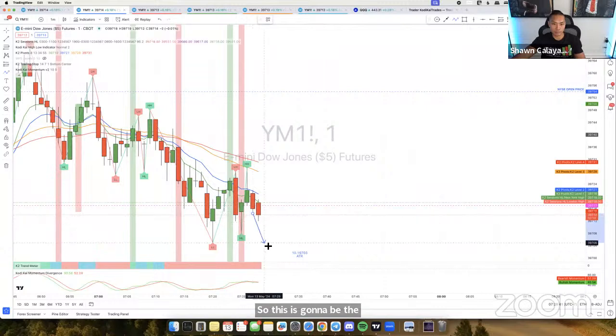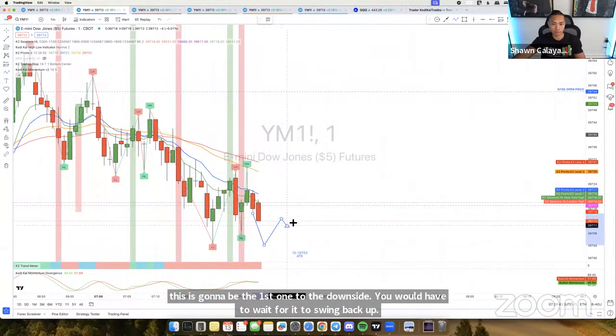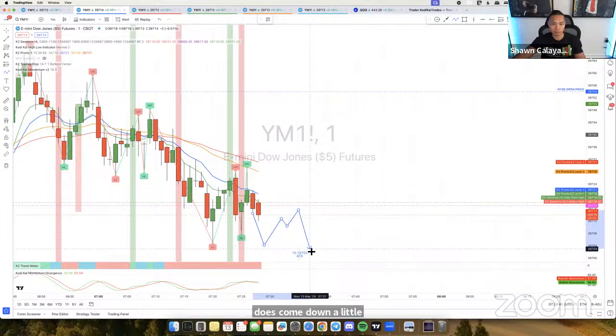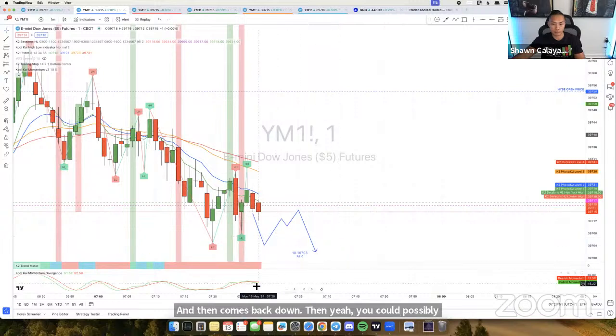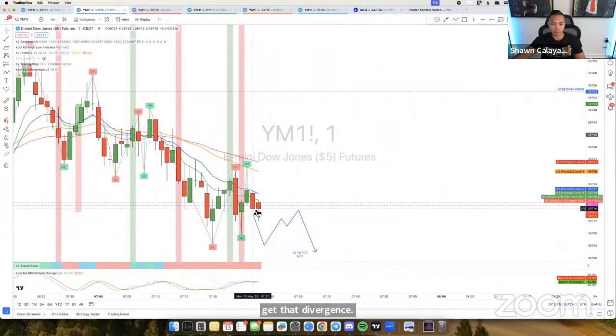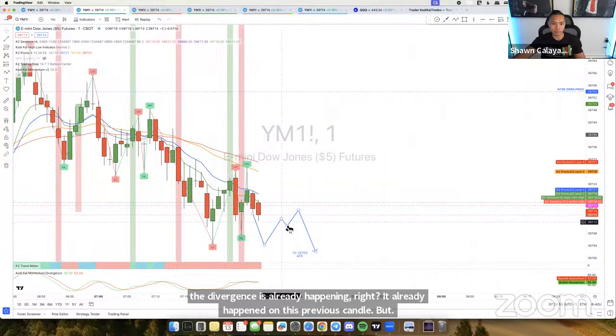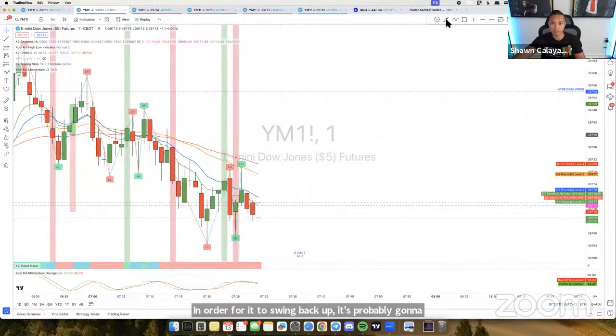If it does come down a little bit, retraces up, and then comes back down, then you could possibly get that divergence. The divergence already happened on this previous candle, but in order for it to swing back up, it's probably going to push up higher. I think it's just going to sit around the sessions right here.